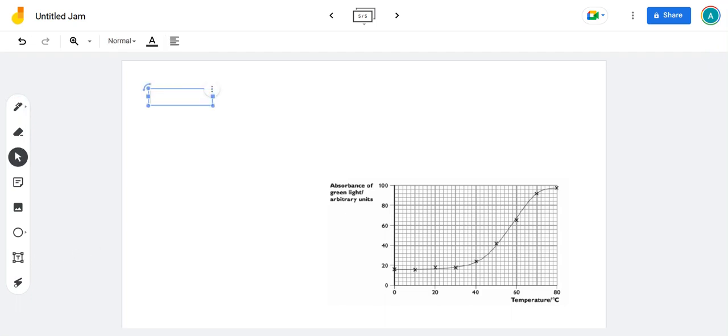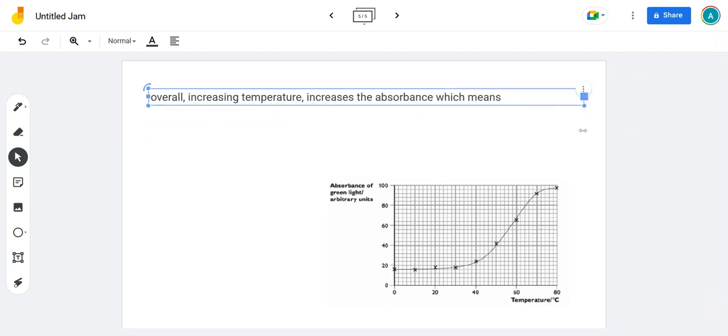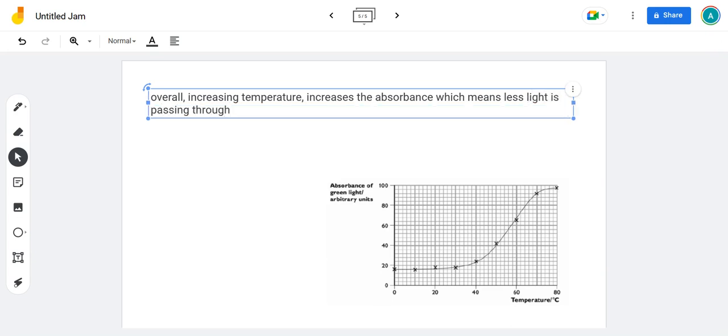So obviously the correlation on the graph overall, so we could say overall, increasing the temperature increases the absorbance, which means less light is passing through. And the reason why less light is passing through is because more pigment has gone through the membrane.